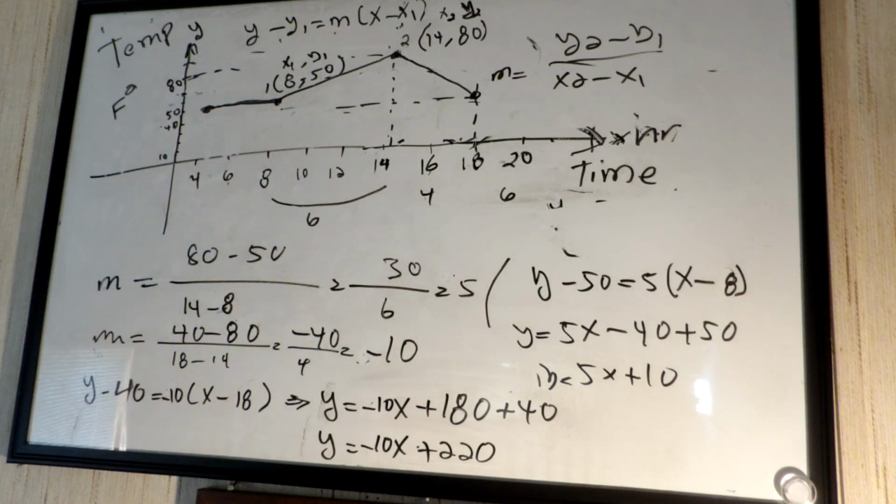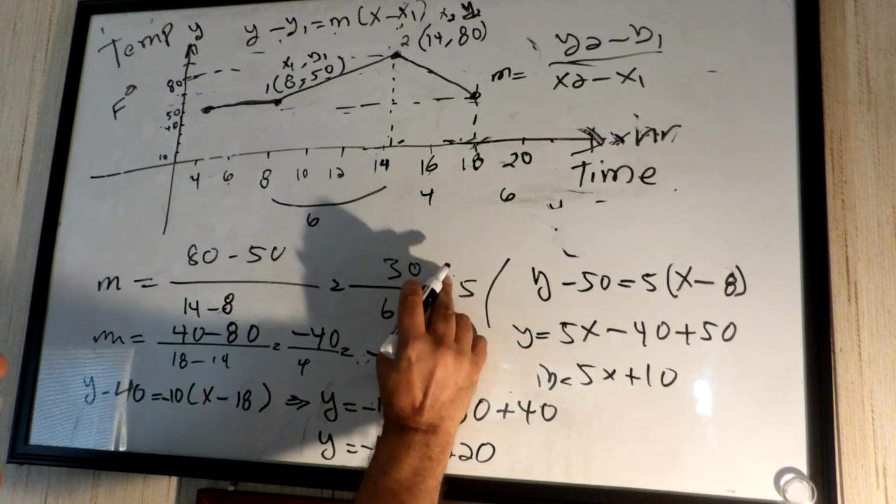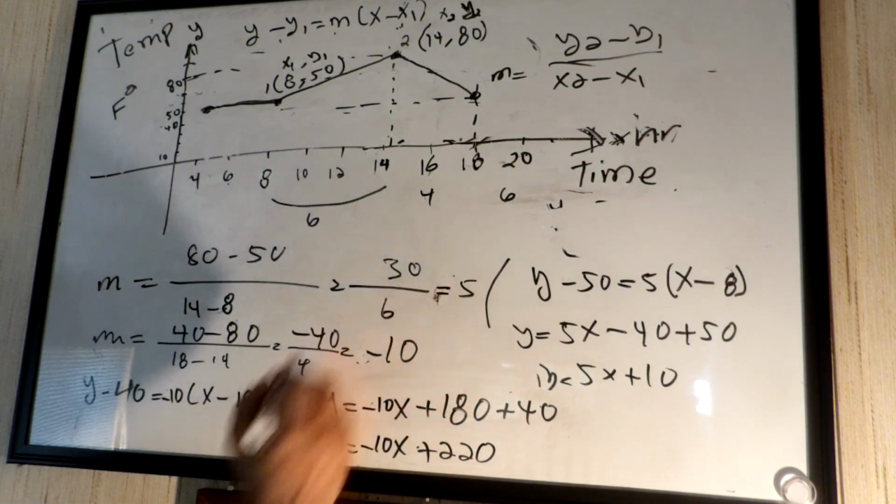So 80 minus 50 is 30, and 14 minus 8 is 6, so 30 over 6 is 5. The slope is 5.